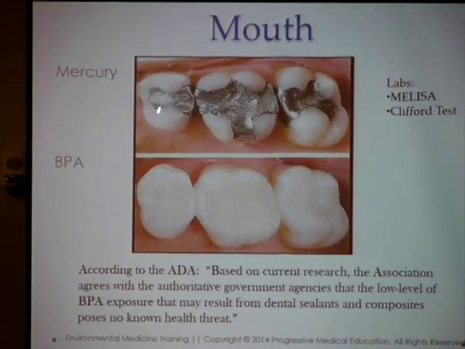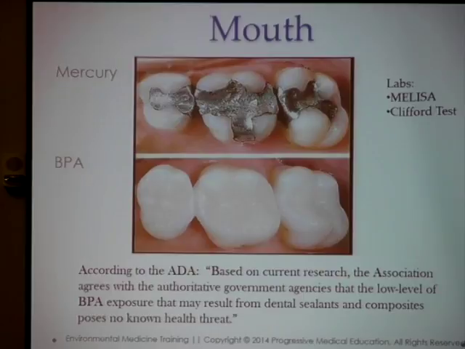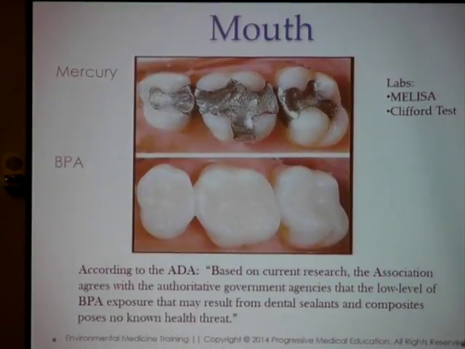But what we find is sometimes patients will get their mercury amalgams out and then get replaced with composites that have high levels of BPA. We know that BPA has reproductive issues and other health consequences, like connections with cancer too.